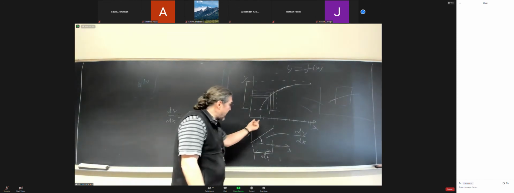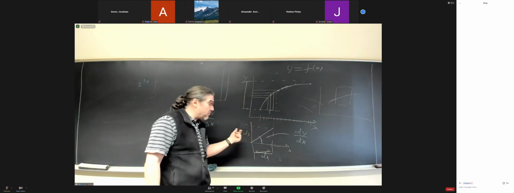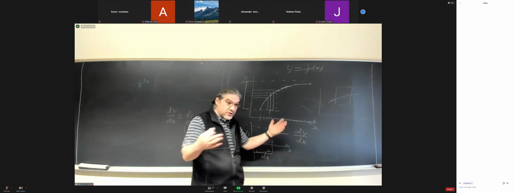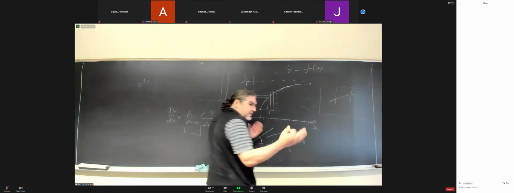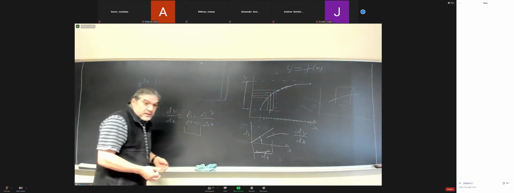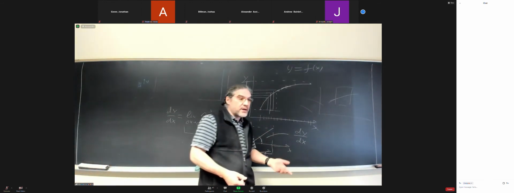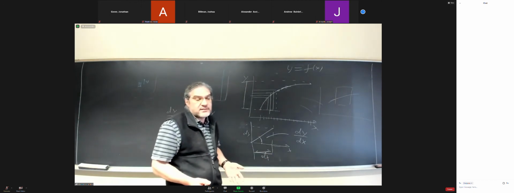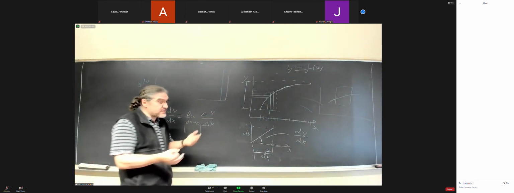But now if you take that limit where each interval goes to 0, but the number of intervals, of course, goes to infinity, because the sum of all those intervals must be finite, then your approximation works better and better and better. And at the limit, it's exact. Right? So this is the integral.